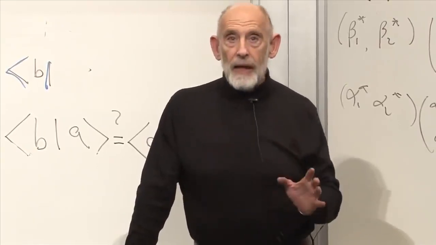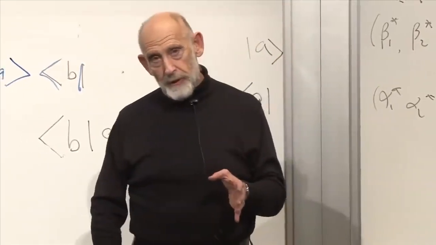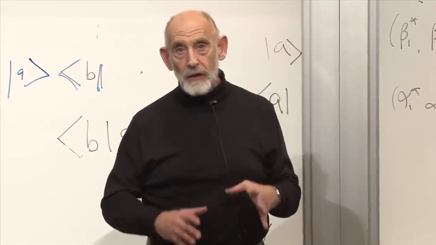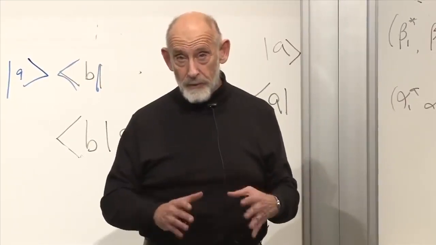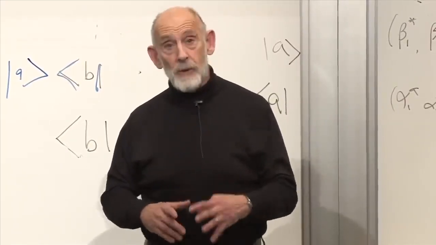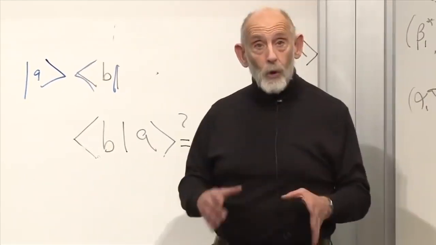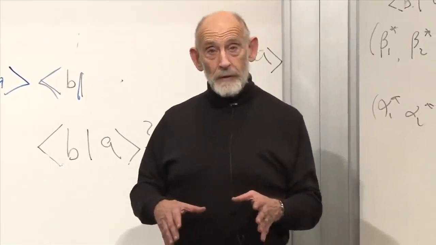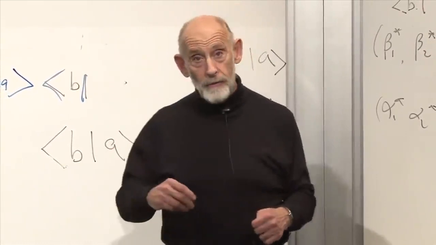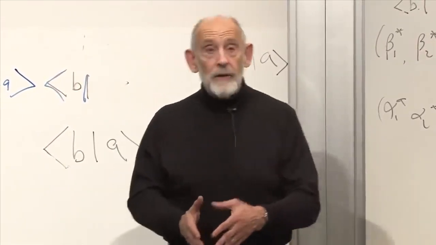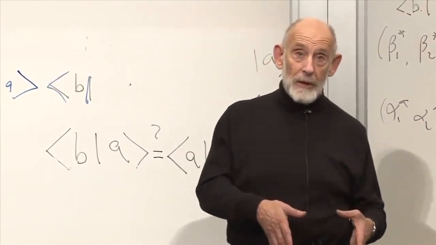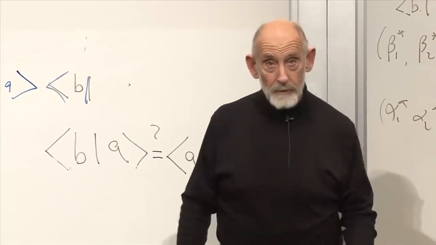In classical mechanics, you can measure something sufficiently gently to not affect it, to not disturb it. In quantum mechanics, whenever you measure something, you always disturb it. So this is an example of how measuring something disturbs it and puts it into a new state. And that's a good point, yes.